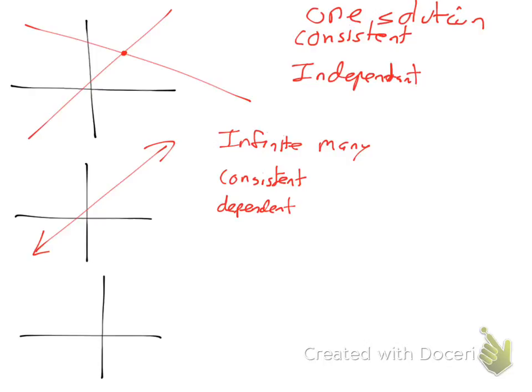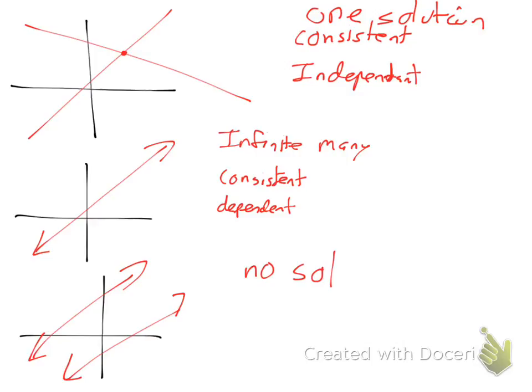The last one that we're going to have is if you have lines that never touch. Lines that never touch, is there ever a solution? No. So this one is no solution. If it has a solution, it's consistent.